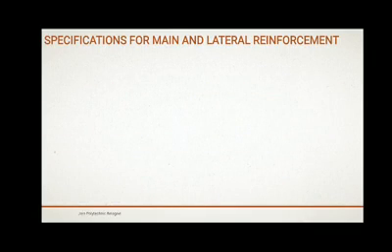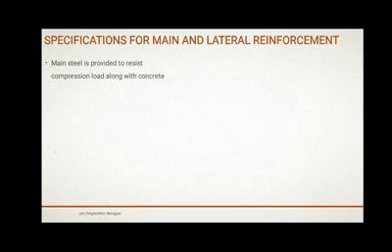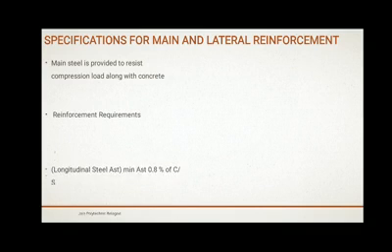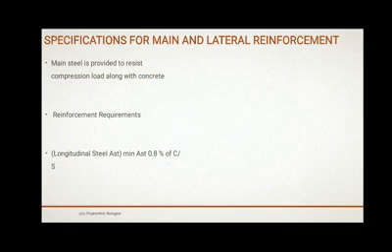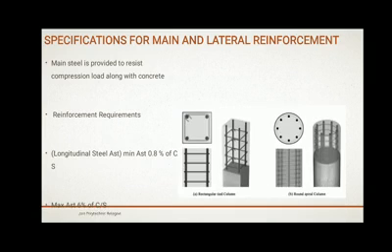Specifications for main and lateral reinforcement. Main steel is provided to resist compression load along with concrete. Reinforcement details. For longitudinal steel, minimum area of steel should be 0.8% of cross section. Maximum Ast should be 6% of cross section.